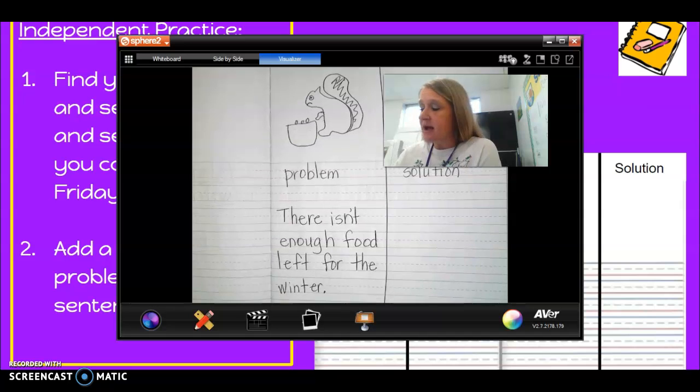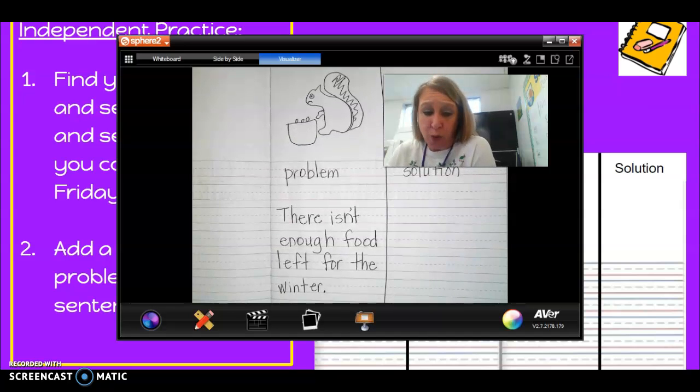So if he doesn't have enough food left for the winter, that's a problem. That's a problem that my squirrel, my character, needs to solve.